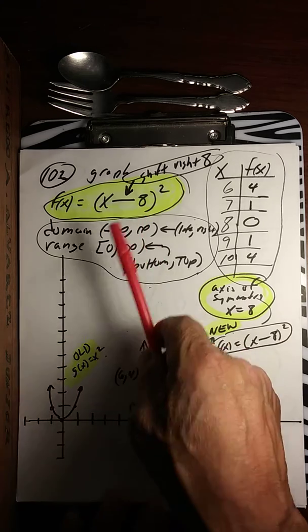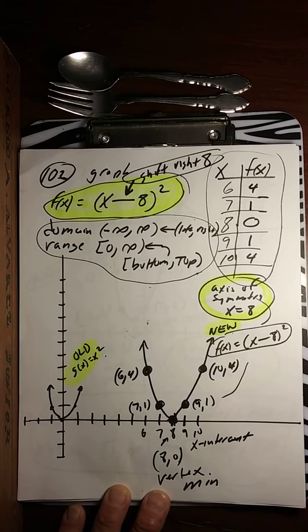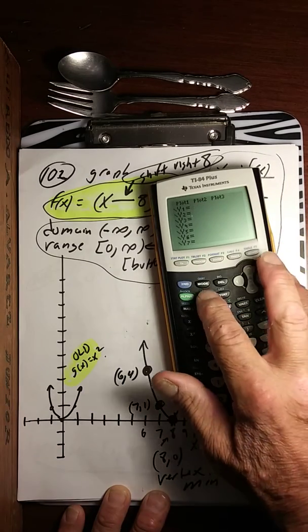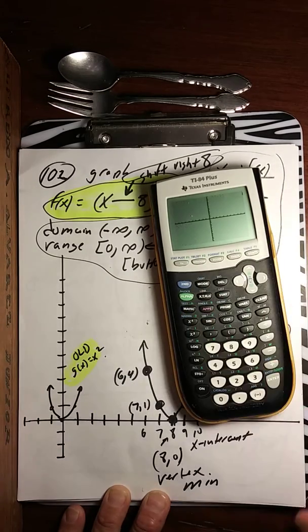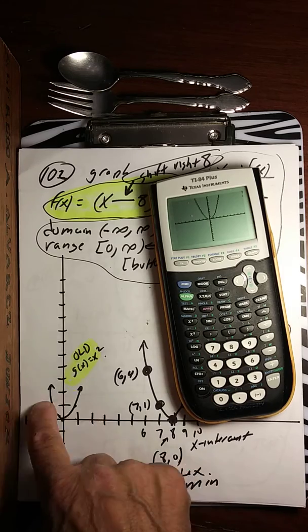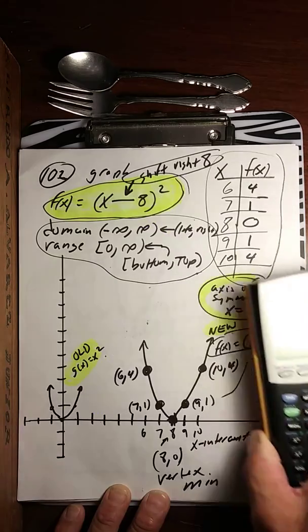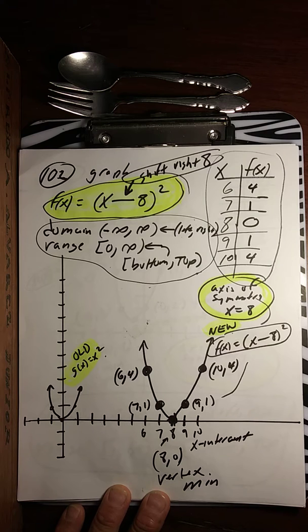So this one, let's go ahead and do the old one first, x squared. Put it there, x squared, graph. There it is right there. So now the new one is going to have to be x minus 8 squared.